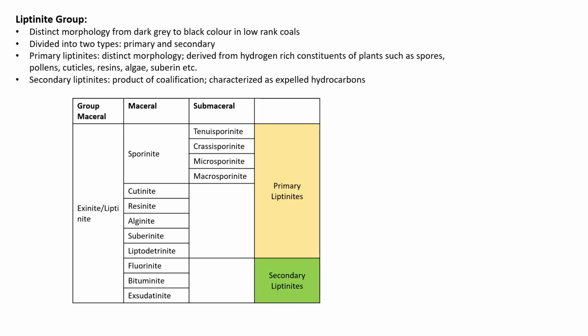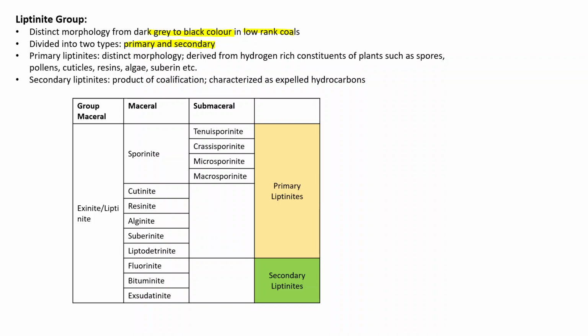Now let us come to the liptinite group of macerals. The liptinite group of macerals consists of distinct morphology, and it ranges from dark gray to black in color in the low rank. The liptinite group of macerals is divided into two types, the primary liptinites and secondary liptinites.